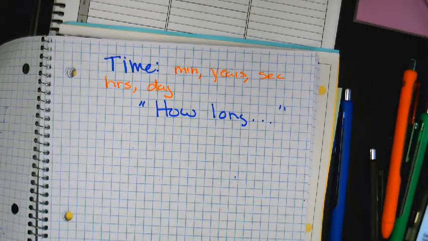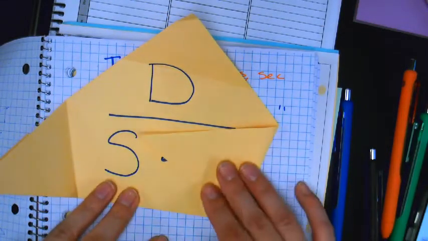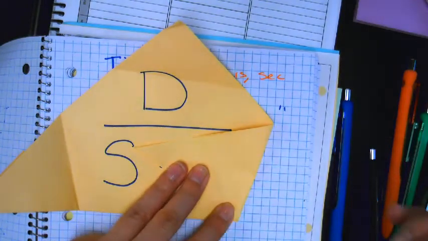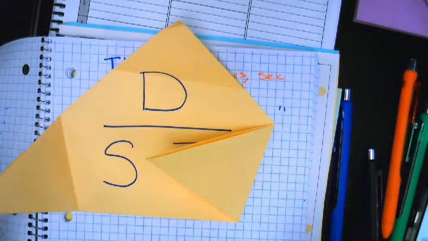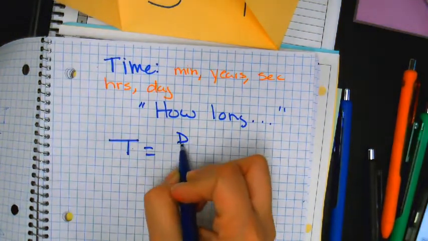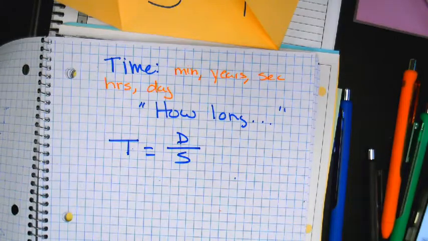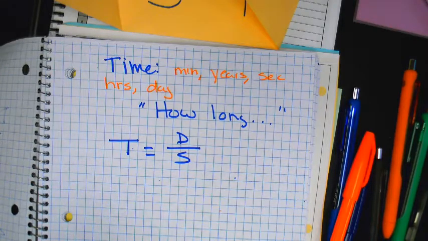Okay, so what do I cover up? The T. So how do I solve for time? Distance divided by speed. So time is equal to distance over speed. So you have 3 formulas to memorize: 1 for time, 1 for distance, and 1 for speed.